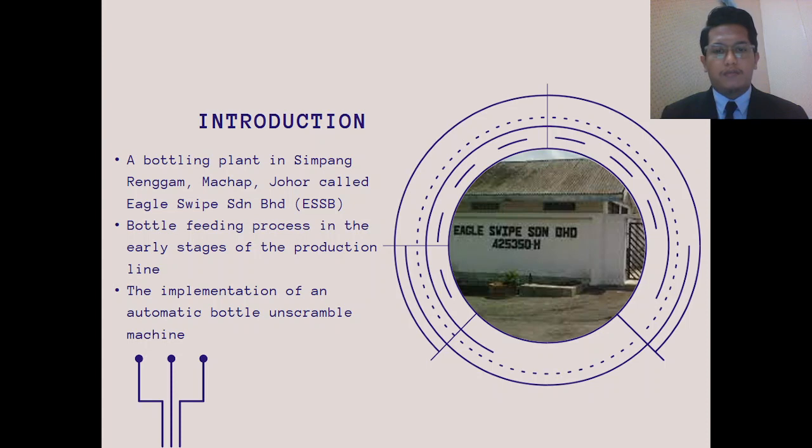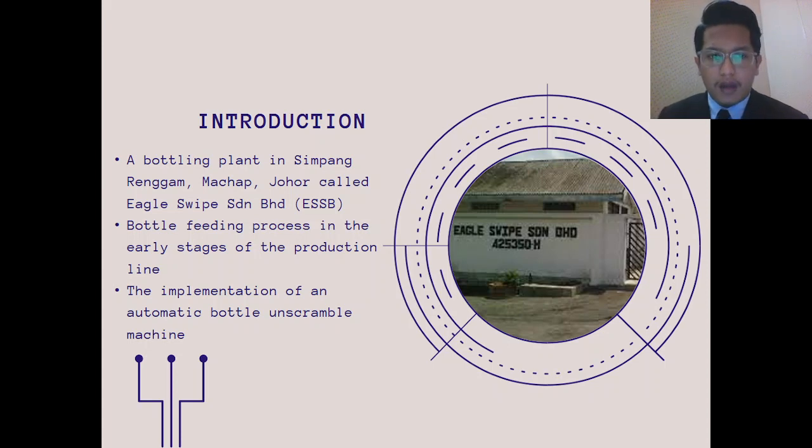There are a few processes to make a bottle of water in the factory, starting from the bottle filling process, to the cleaning process, capping and packaging, and also putting the bottle into the box.